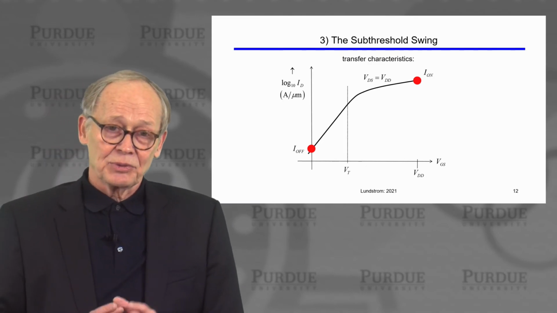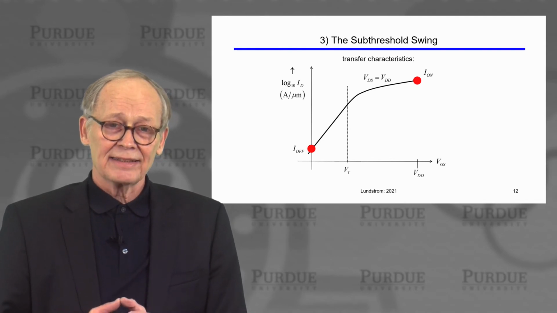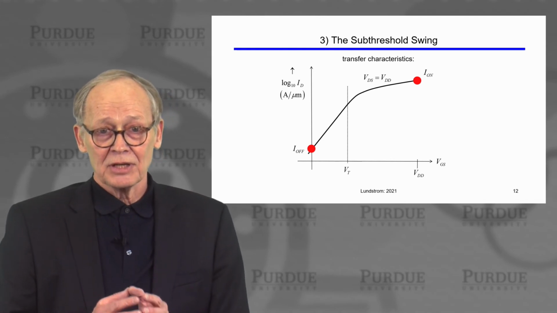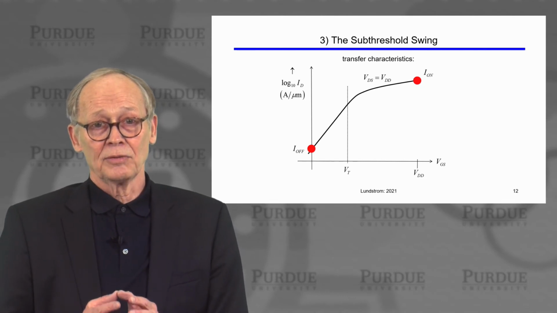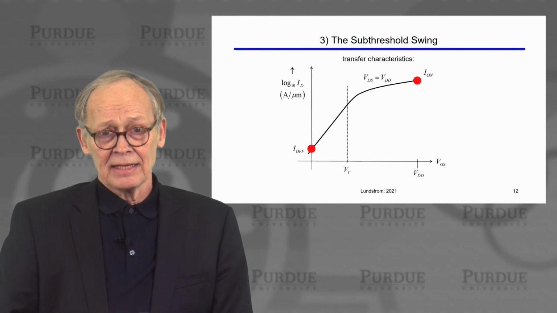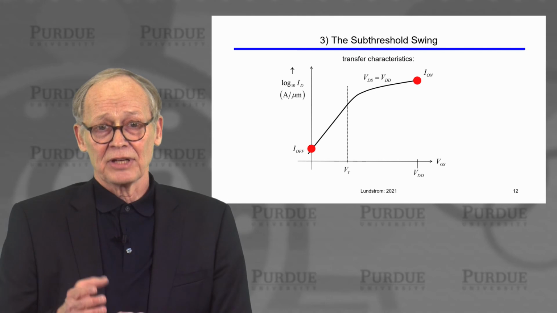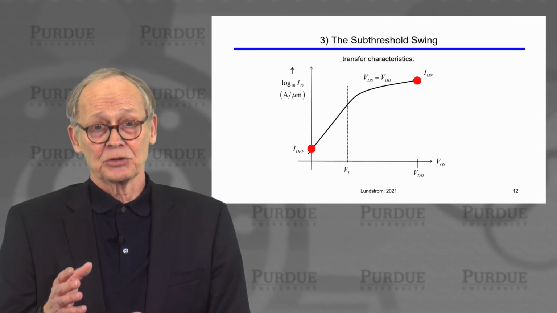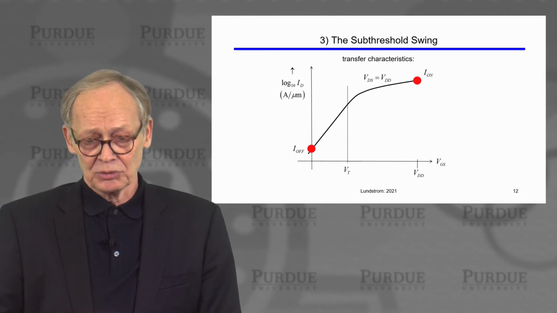Well, the subthreshold swing is an important parameter as well, because we would like this transition from off to on to occur very quickly over a small voltage range. Then we can quickly turn the device on. We can have the device on at a low power supply voltage. Since dynamic power goes as voltage squared, it's helpful to have as low as possible power supply voltage.